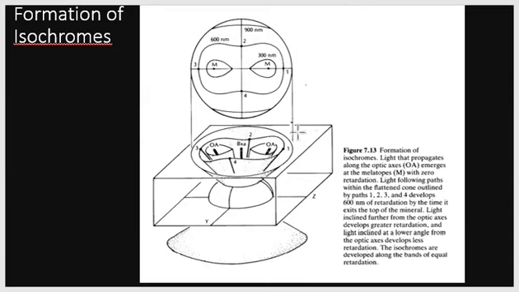When you look closely, there is one particular band of light, 1, 2, 3, 4. All of them traveled an equal distance through the section, and that gives a 600 nanometer retardation marked by a single color, indicating that that area has given equal retardation.